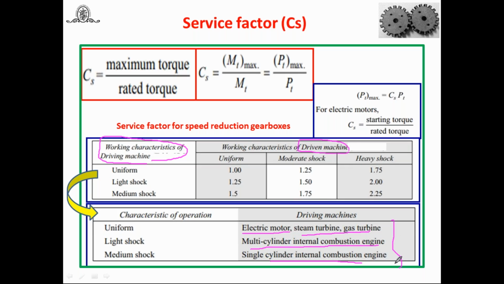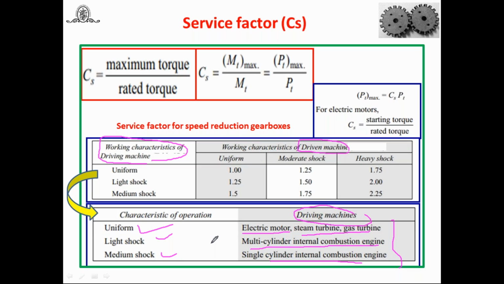All these prime movers are used to give the motion, speed or torque to the input shaft of the industrial gearbox. So that's why all these are the driving machines. But whether the characteristics of operation of these driving machines are uniform, light shock, medium shock, or impact, based on that we have to select the service factor.